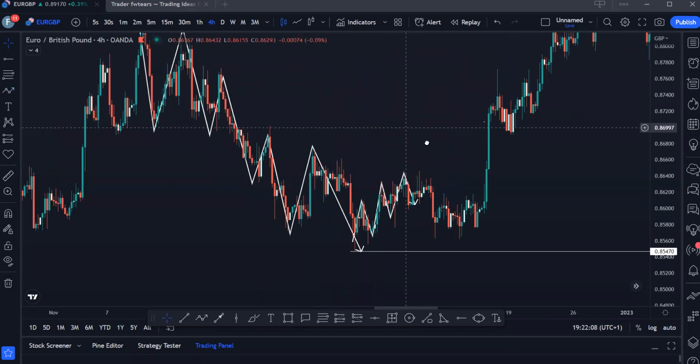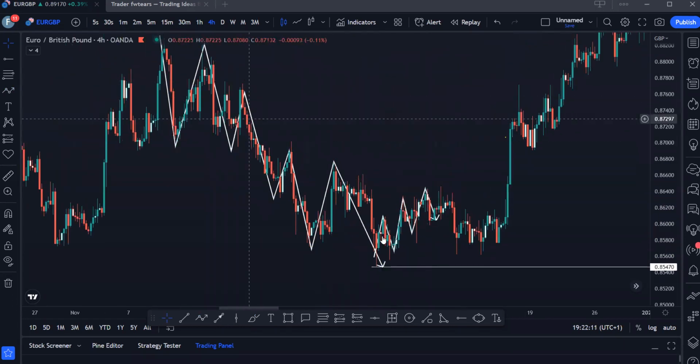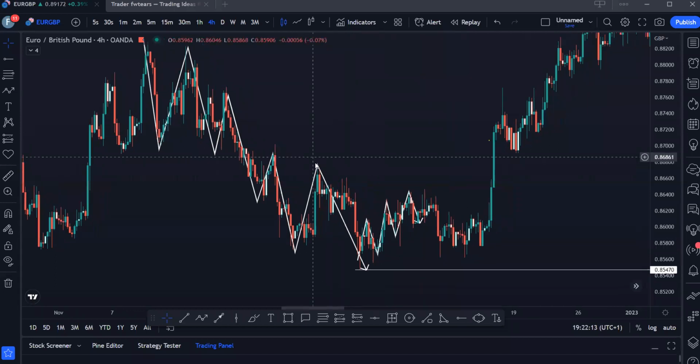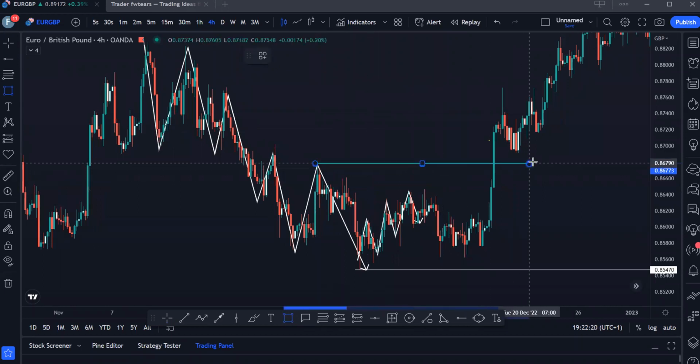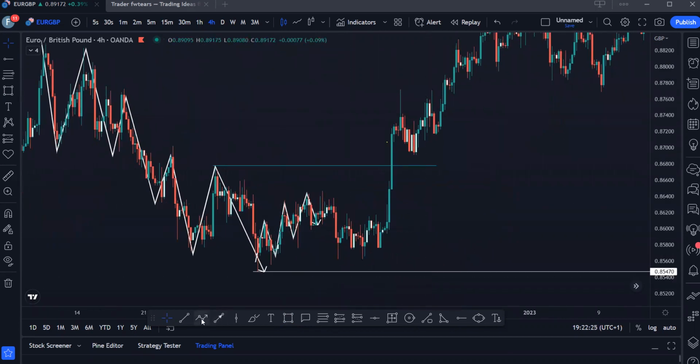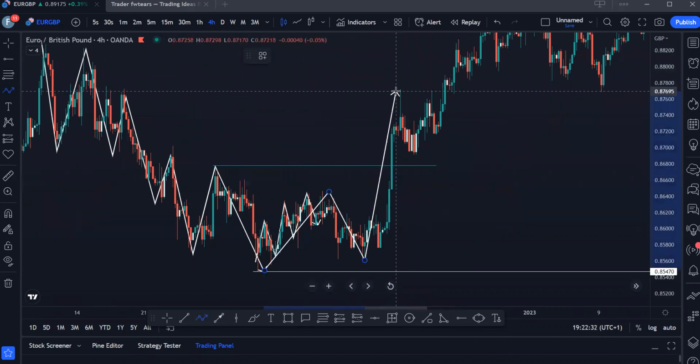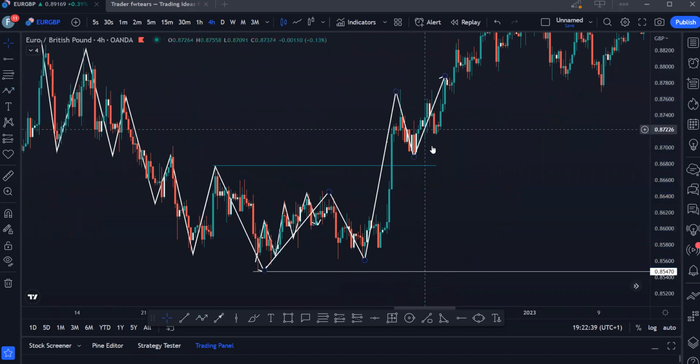For price to shift from this downtrend to an uptrend, this lower high here has to be taken out. So eventually price took it out. So when this happened, a correction and an impulse. Now we say that price is in an uptrend.